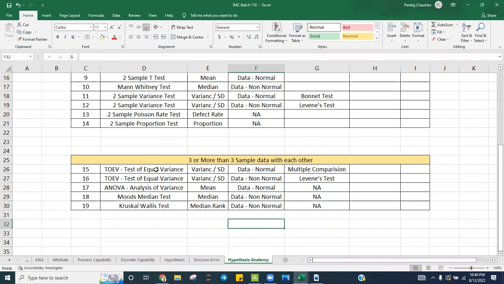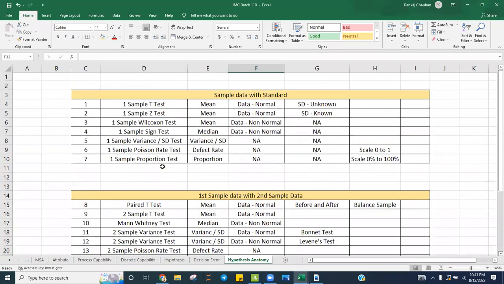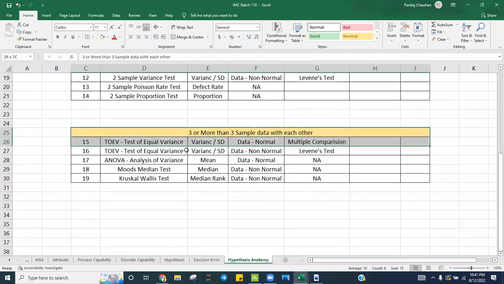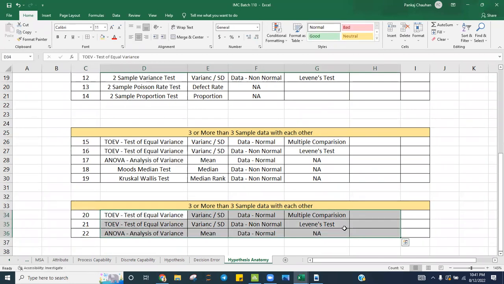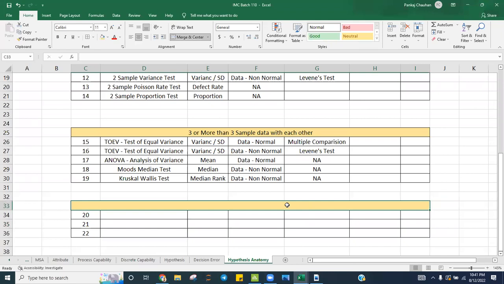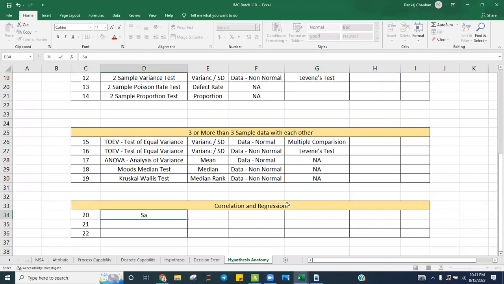Okay. Now I will be moving to some other categorical data kind of thing. So first thing I am explaining to you about correlation and regression. In this category, the first test we plot is the scatter plot.